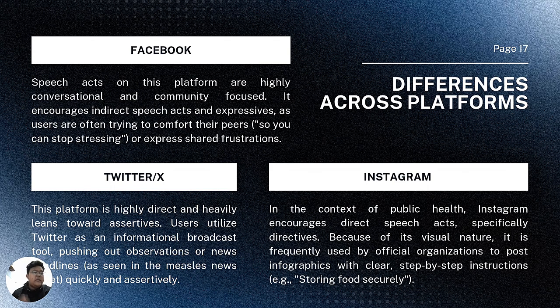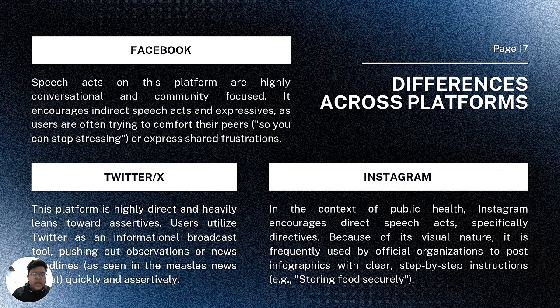That's why Twitter is highly direct and heavily leans toward assertiveness, and it's more like you're giving someone a topic to talk about. You just go into Twitter and type it, and there you are. You get the information. And then we got Instagram.